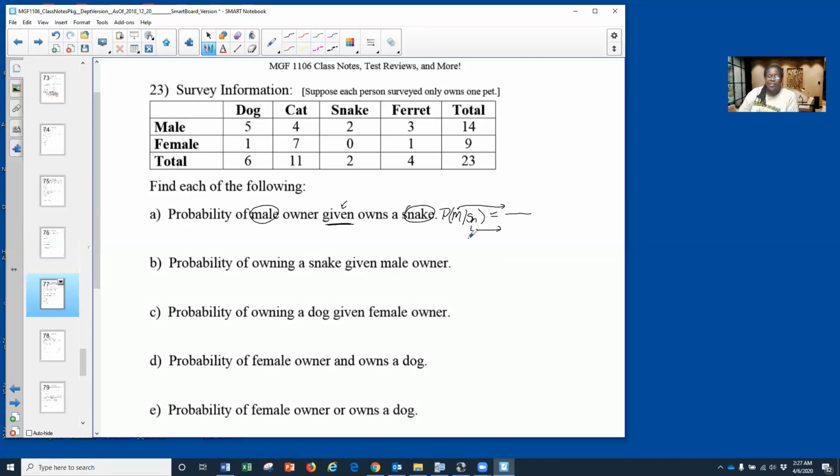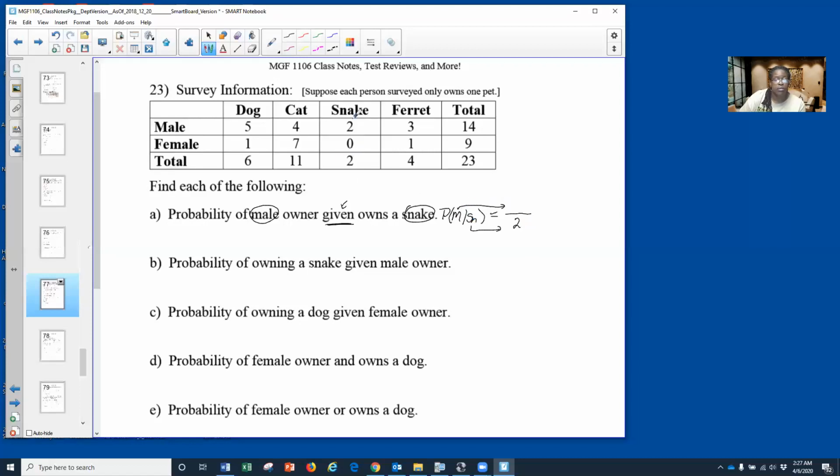So always kind of helps me, and you can do it out however you feel comfortable, but I always focus on the denominator first, because then I can see the total number of what I'm talking about. So when I look at the snake column, I need the total number of snakes. So here I'm looking at snakes, and there's a total number of 2. So I know that's going to be my denominator. Then the question is, out of these 2 snakes, how many of them are males that own them?